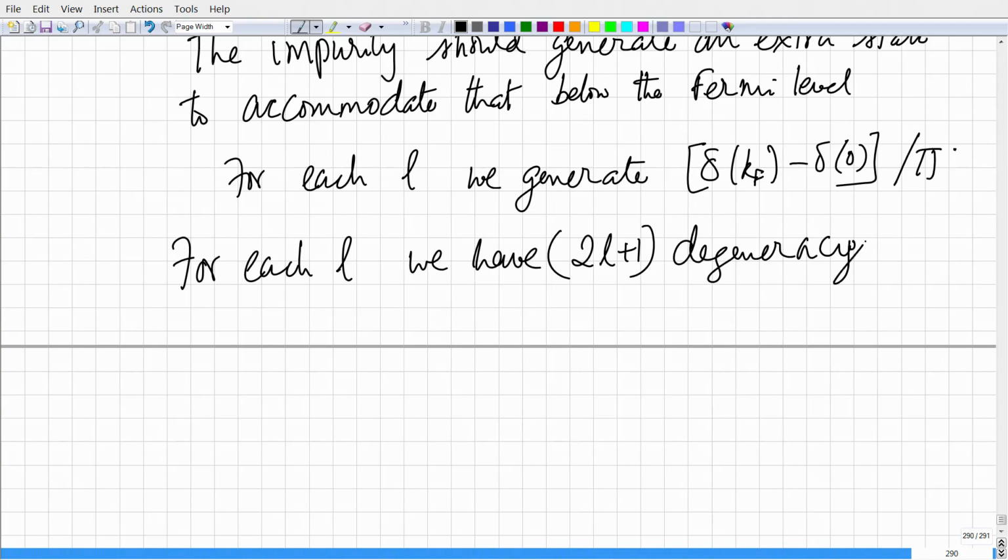Because we are not considering a magnetic impurity, all the M levels corresponding to a given L are degenerate.